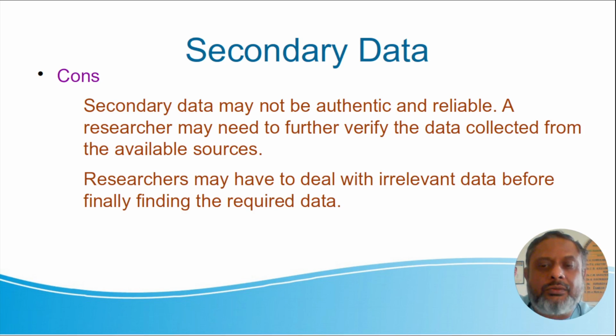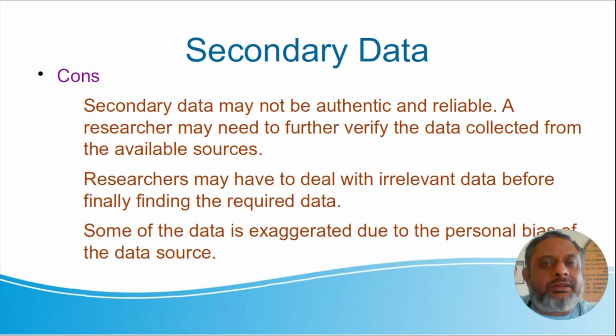So we need to filter it in a very strict way so that we make use of this secondary data to our full satisfaction. And that's another problem we face when we try to avoid creating our own team and having our own primary data.